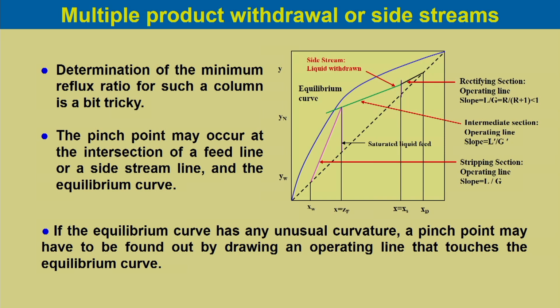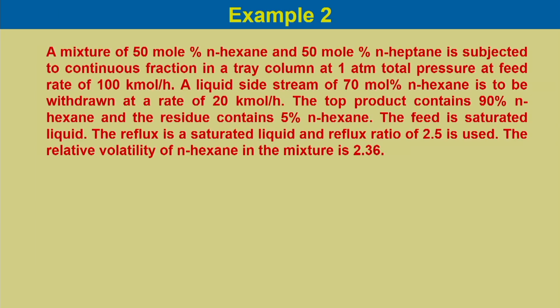Now, let us take an example. A mixture of 50 mole percent n-hexane and 50 mole percent n-heptane is subjected to continuous fractionation in a tray column at 1 atmosphere pressure at a feed rate of 100 kilomole per hour.